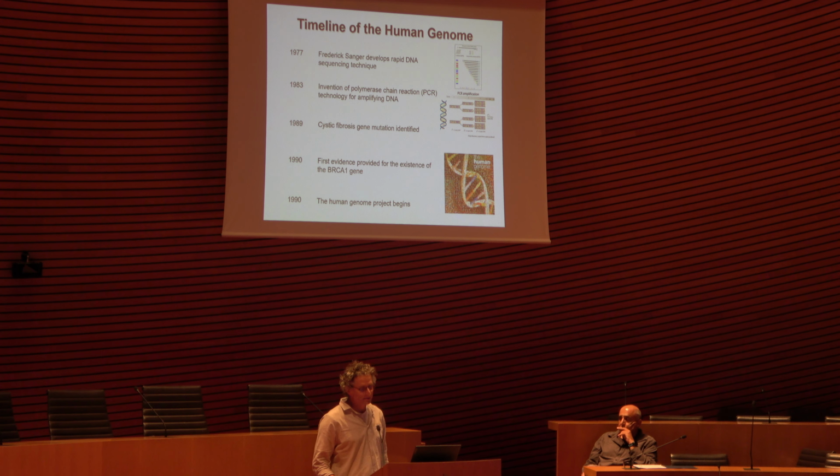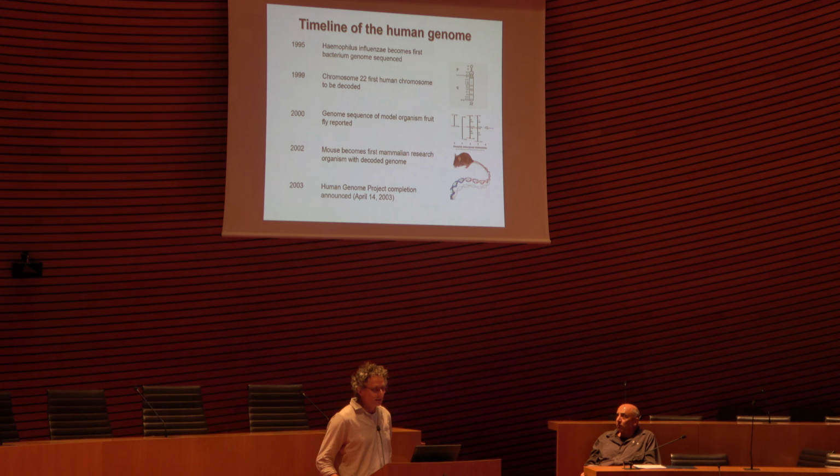In the meantime, until they completed that, other genomes were sequenced, such as influenza, because it's small. Then in 1999, chromosome 22 was completed. Again, chromosome 22 because it's the smallest one, so it was quicker to sequence.